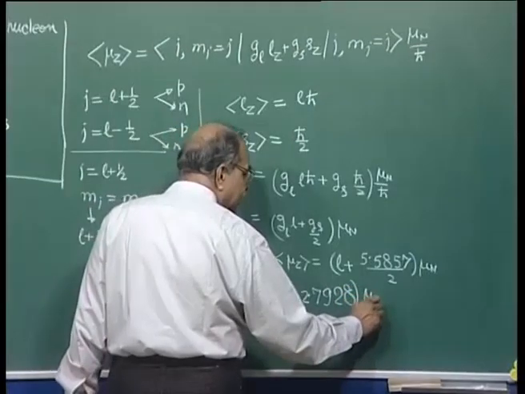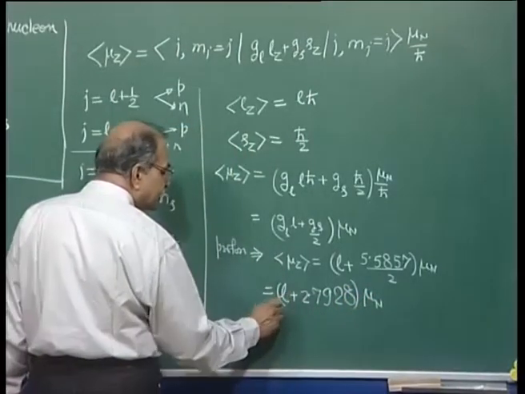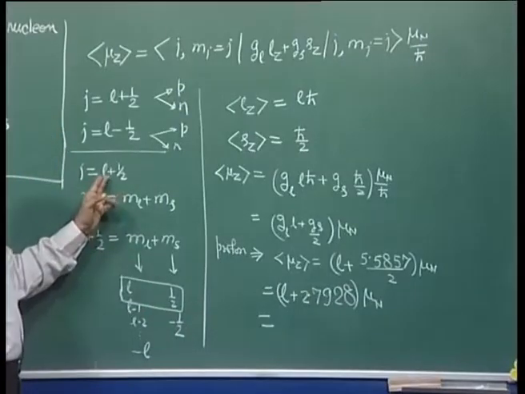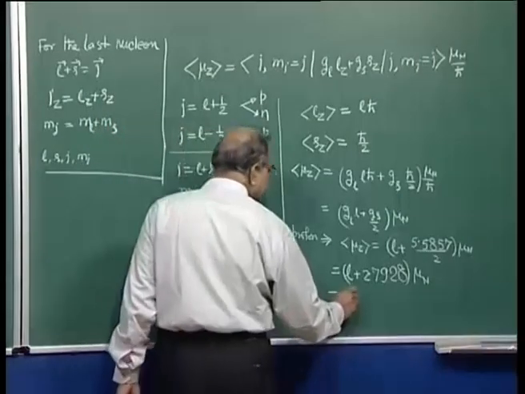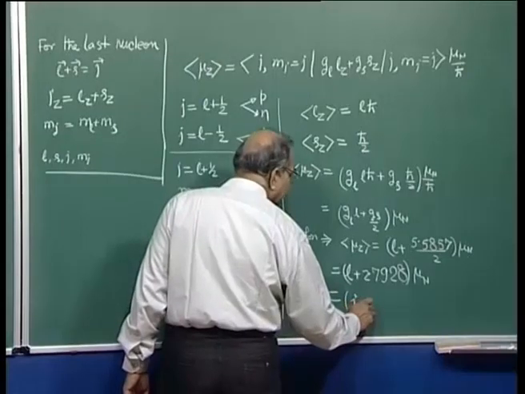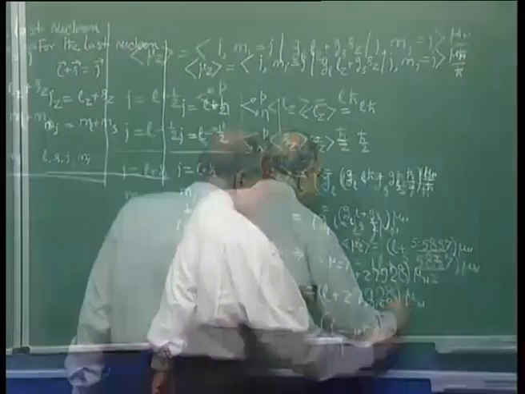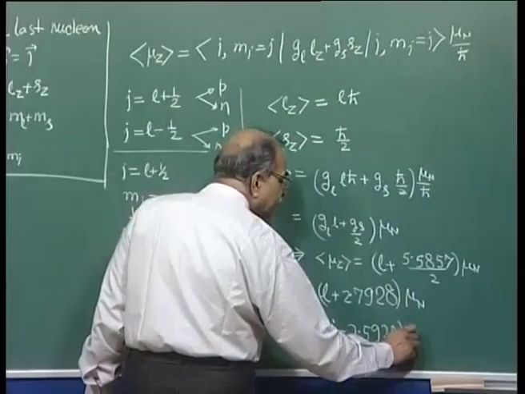And if I write in terms of J, which case are we dealing with? This L is J minus half. So, this is J minus half, plus 2.7928, which gives J plus 2.2928 times mu n.